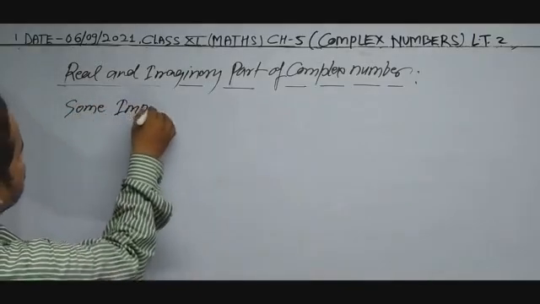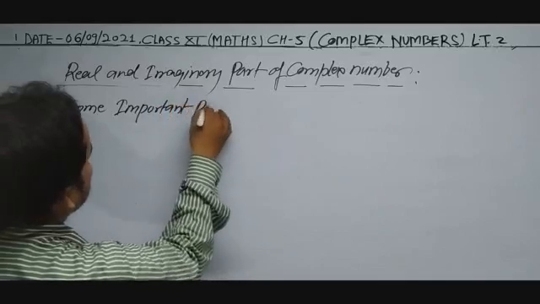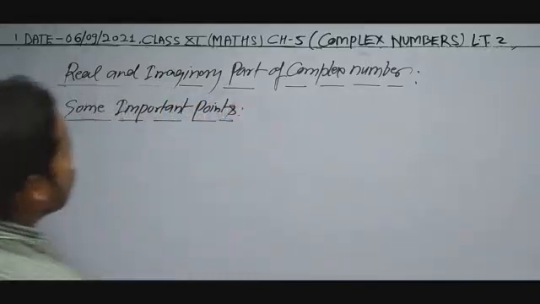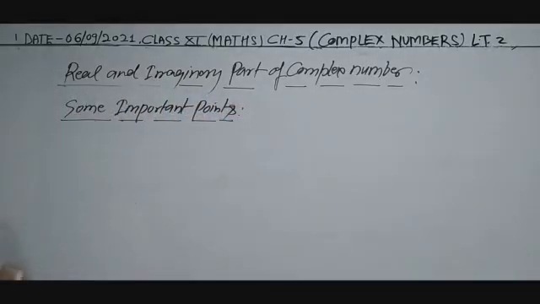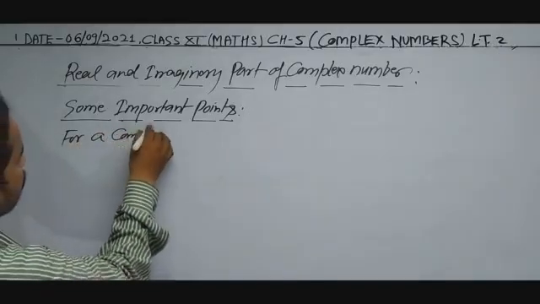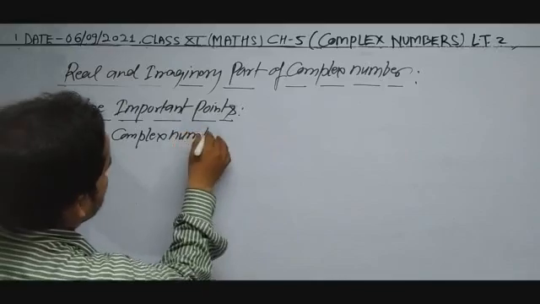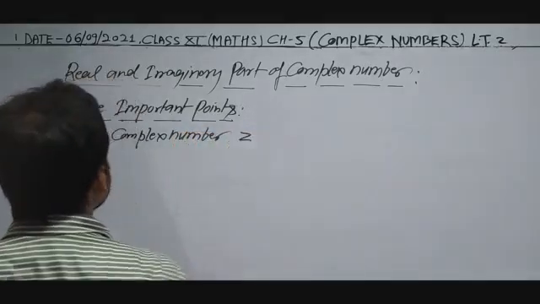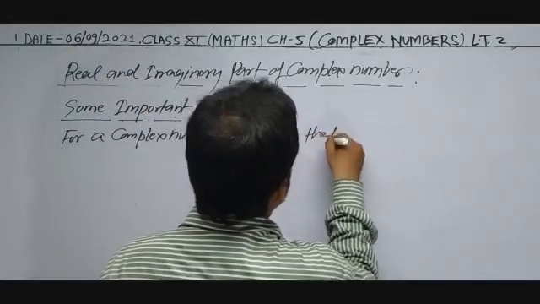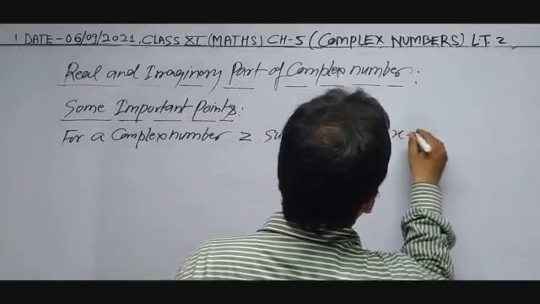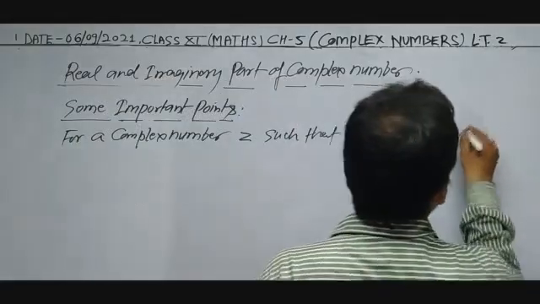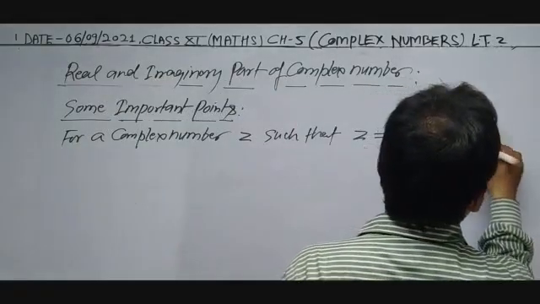Some important points for a complex number z such that z is equal to x plus iy for all small x, y belongs to real.